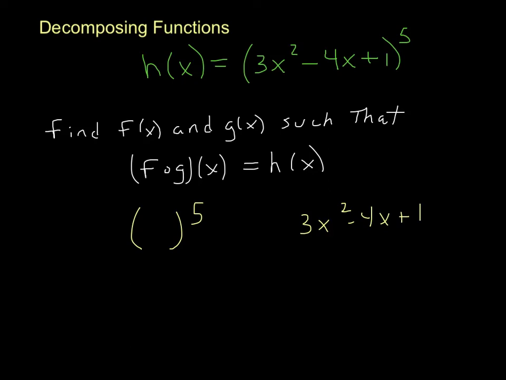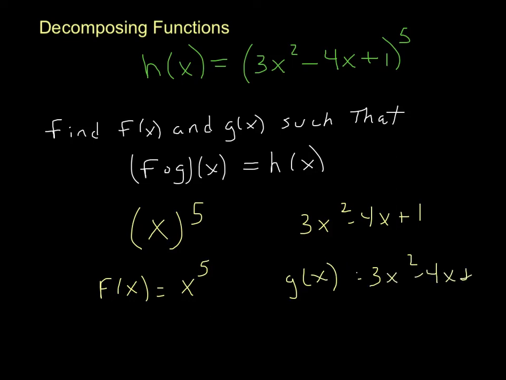So if we work our way from the inside out, if I'm looking at f of g of x, then that means the g of x had to be plugged in to the f, which means that f of x would be x to the 5th, and g of x would have been 3x squared minus 4x plus 1.